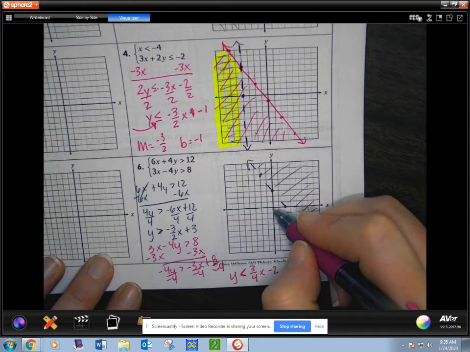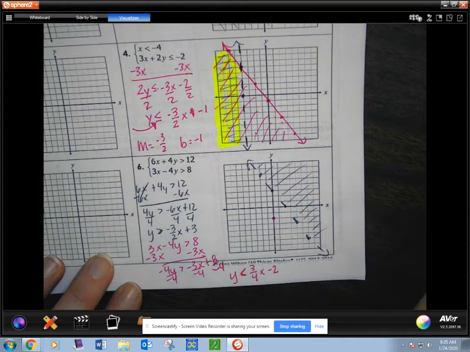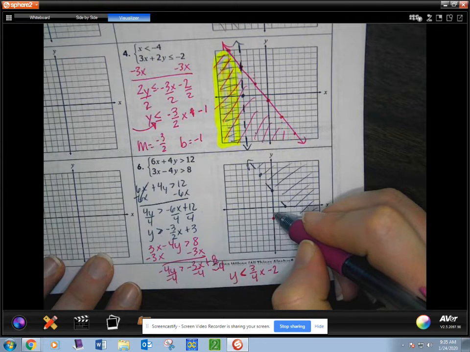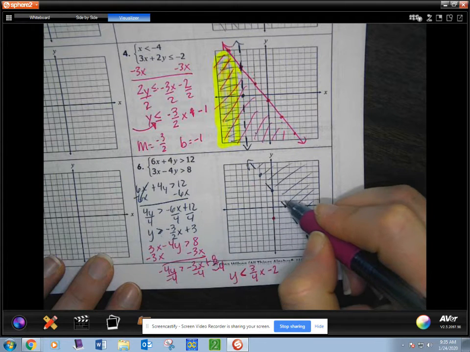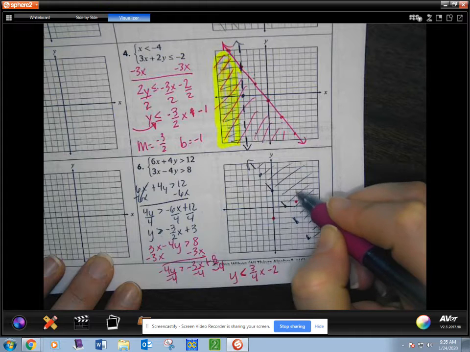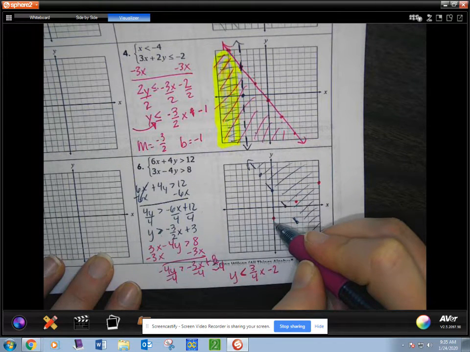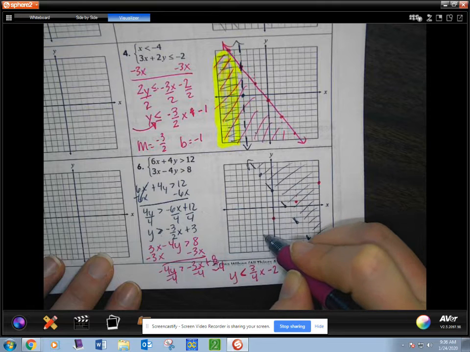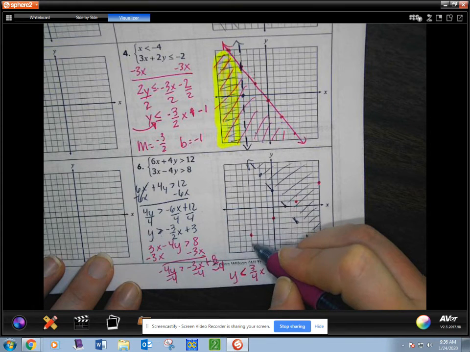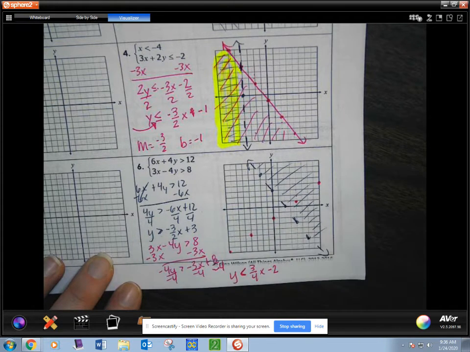I am going to start at negative 2, and I'm going to rise 3 and run 4. Rise 3, run 4. Then I'm going to go back to the original and drop 3, left 4. Drop 3, left 4. This line is a dashed line.